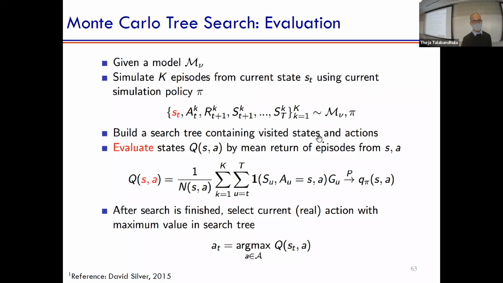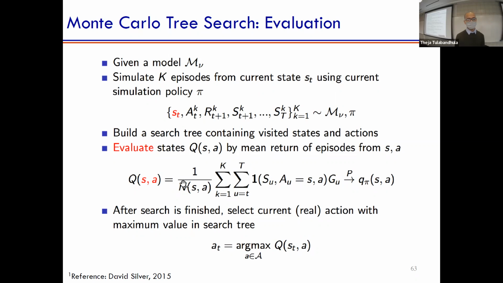We have a search tree containing the visited states and actions, right? So for each state-action pair in that search tree, we can attribute a Q value. Okay, so not just the Q value for the starting root and the 2 actions that you could take, but you can attribute Q values to any future states and actions that you can take as well.